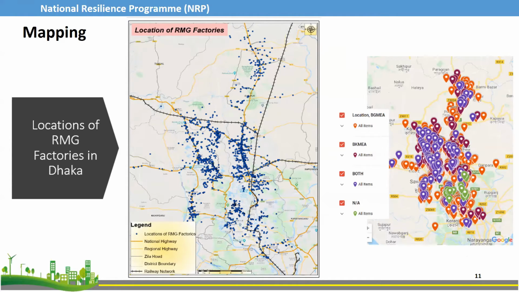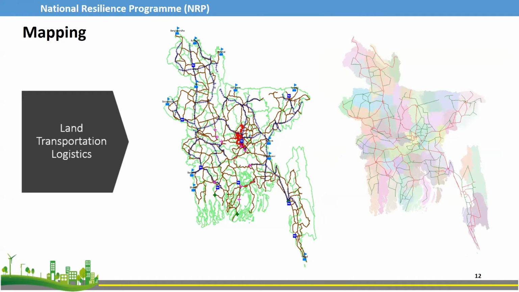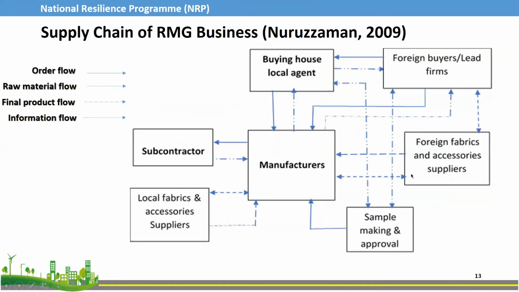So we imported all their locations, as you can see here. After that, we put the transportation network into our map, mainly national highways, regional highways, and district highways, and also the railroads, along with the different ports. As you can see here, this is the map prepared for the analysis.